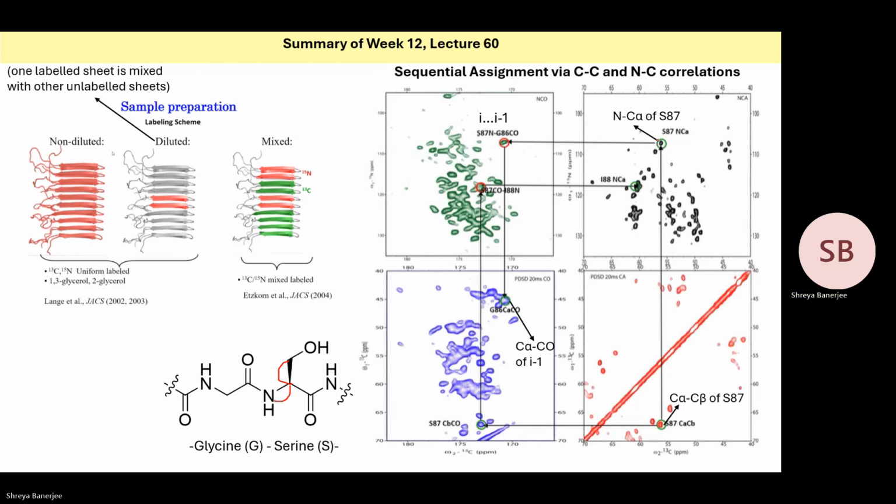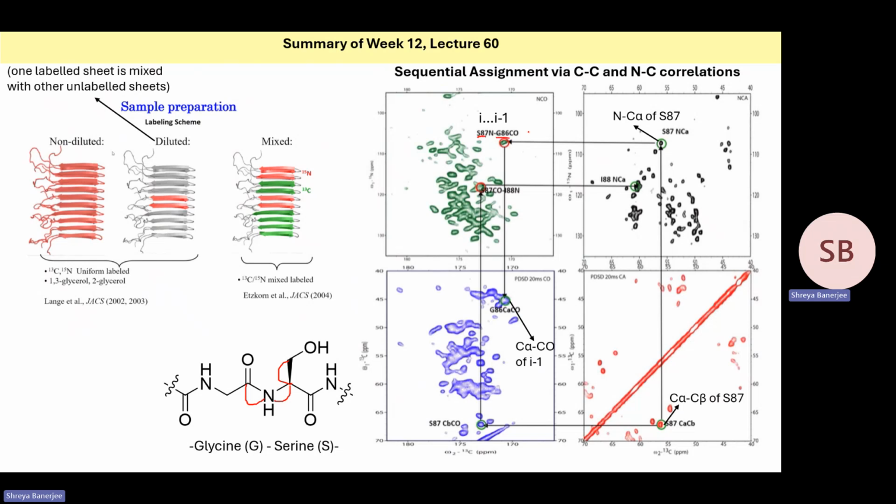That is, it will be NC alpha of serine. Now, if we move to this spectrum, which is 15N and CO, so this is the NCO correlation: correlation between 15N and the carbonyl carbon of the previous residue. So from 15N, you go to the carbonyl carbon of the previous residue. So this is between serine and glycine.